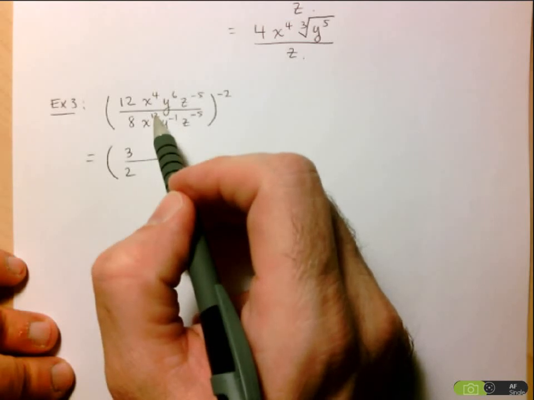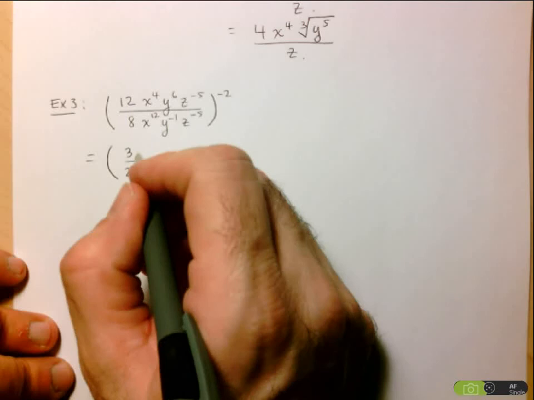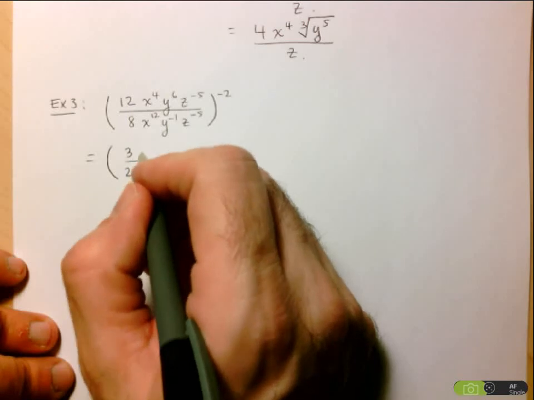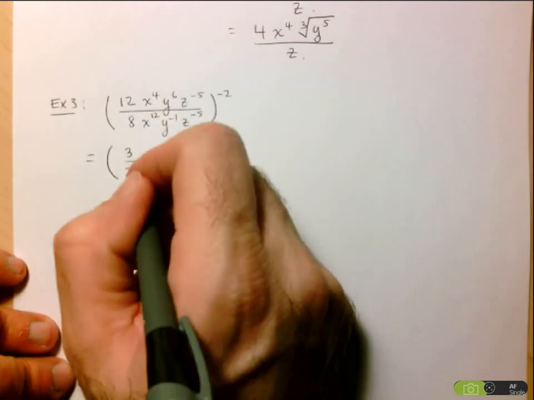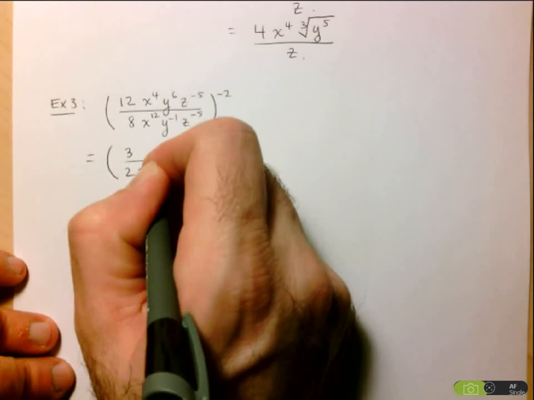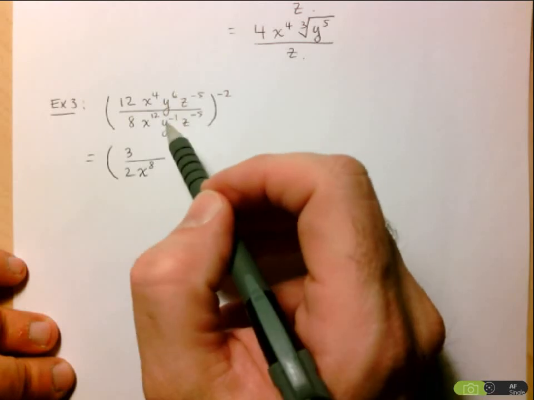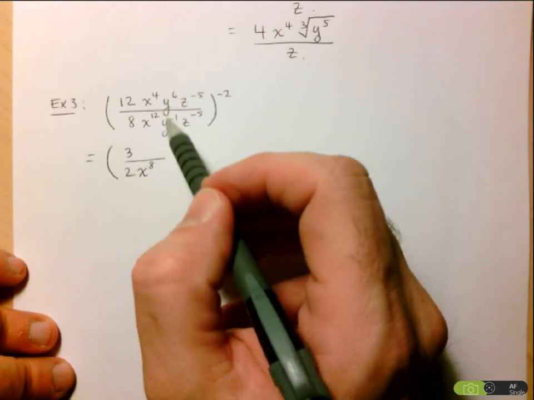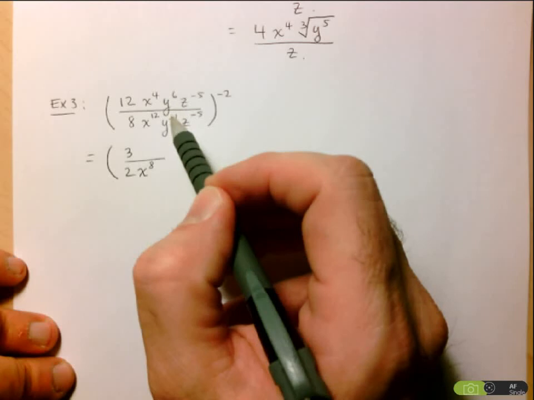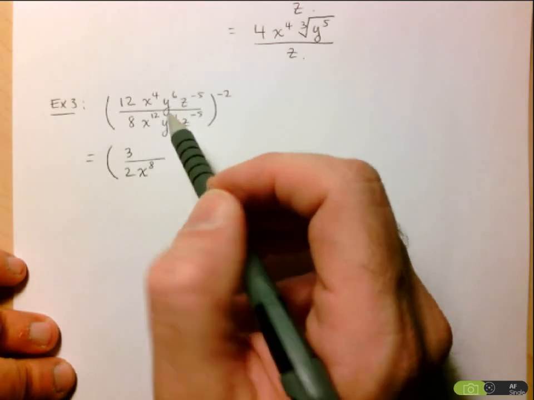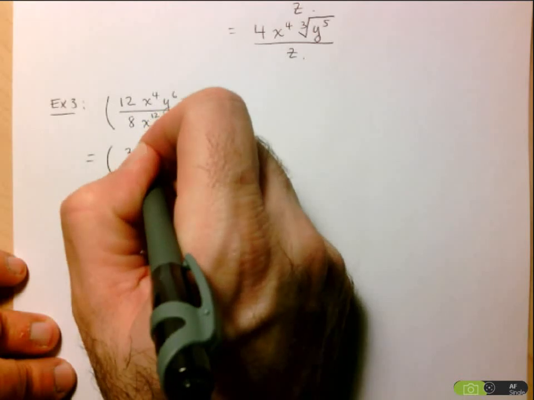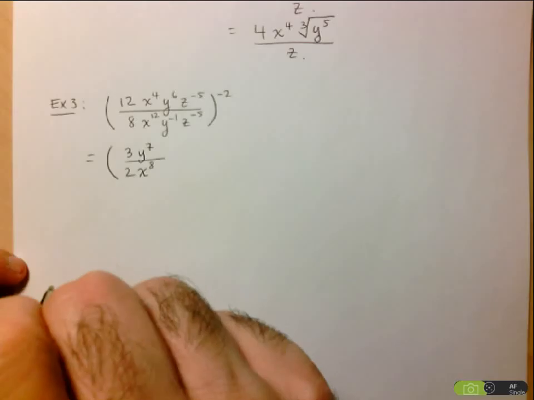I don't want x to the negative 8 in the numerator, so right away I'm going to put that in the denominator as x to the positive 8. Deal with the y's. y to the 6 divided by y to the negative 1. So I'm going to subtract: 6 minus negative 1 is 6 plus 1 is 7. The exponent is positive, so it'll stay in the numerator.